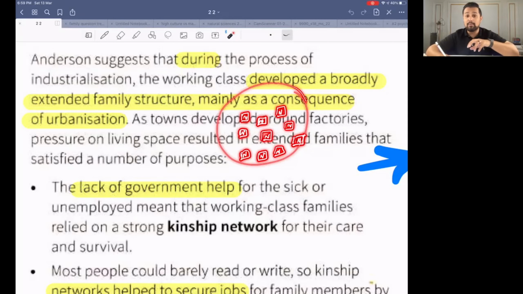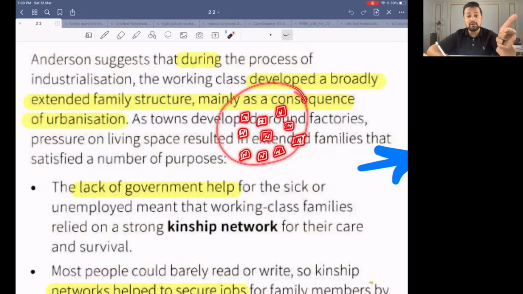So when we talk about people migrating from rural areas to urban areas, don't you think that might have given them a reason to live there together, so that one, it saves you a lot of money, right? Number two, you have someone to rely on in times of need.